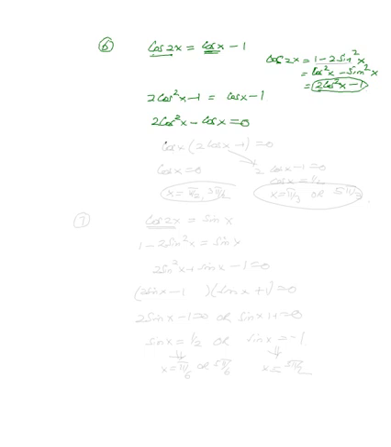So what that means is either cosine of x is 0 or 2 cosine of x minus 1 equals 0.